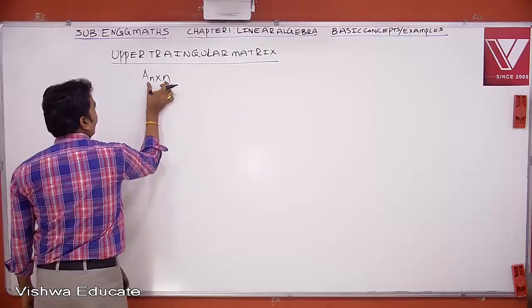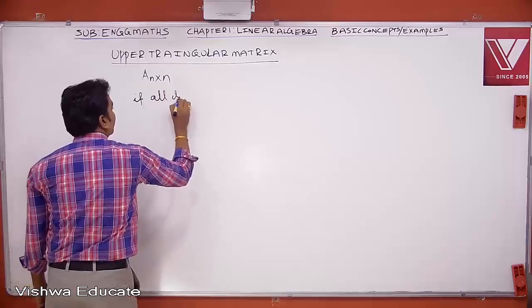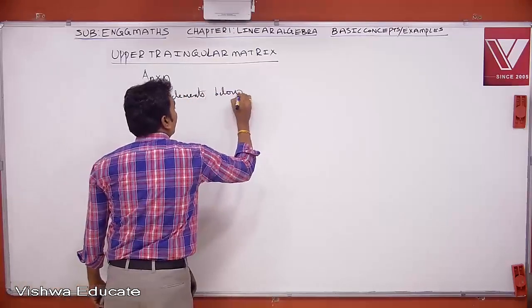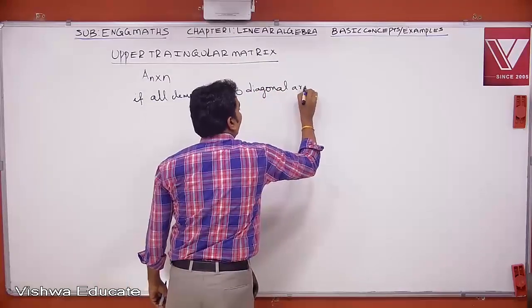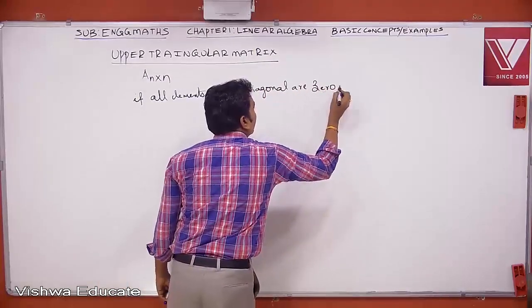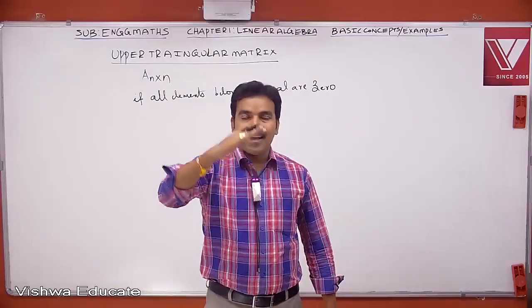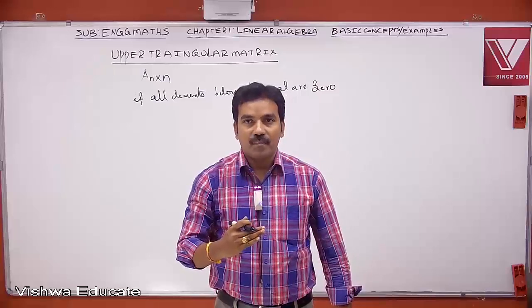We say that this is an upper triangular matrix if all elements below the diagonal are 0. So whenever all the elements below the principal diagonal are 0, then it is called an upper triangular matrix.